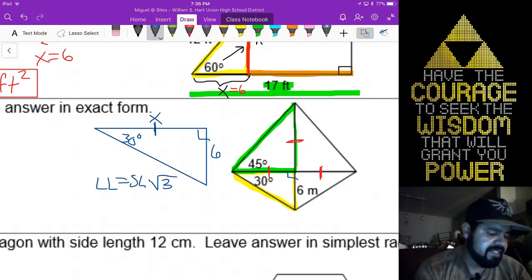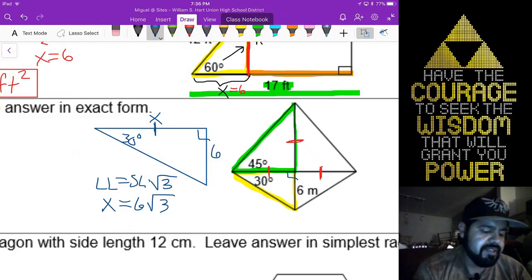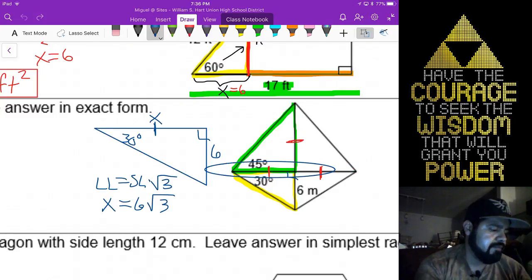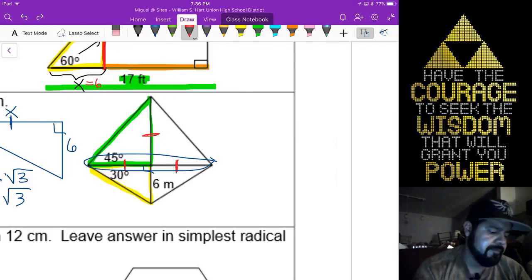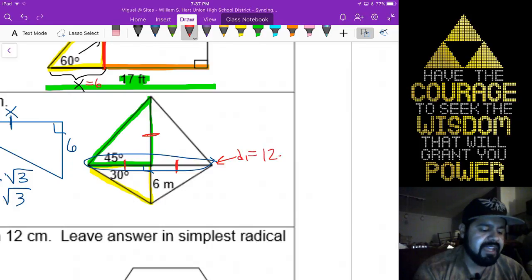So therefore we say that that leg is 6 rad 3. So the diagonal for this part here will be 6 rad 3 plus 6 rad 3, which will be 12 rad 3.